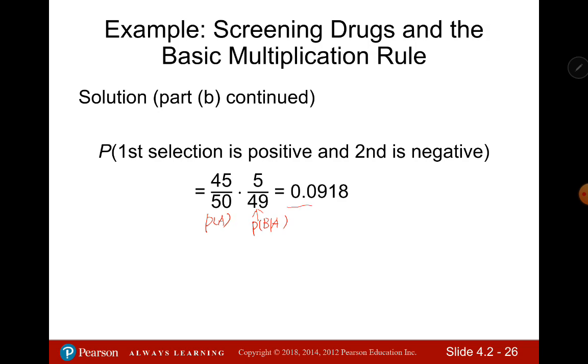You will find a different answer from part A, because this time, without replacement, the two selections are dependent. Then the second probability B is a conditional probability.